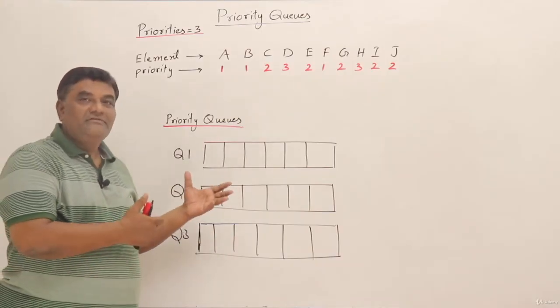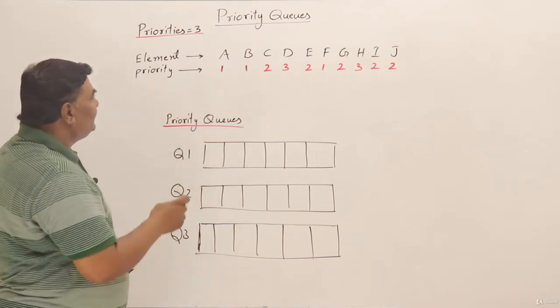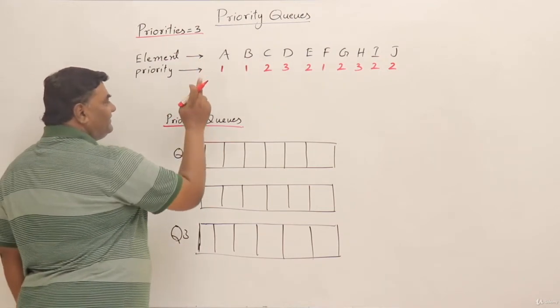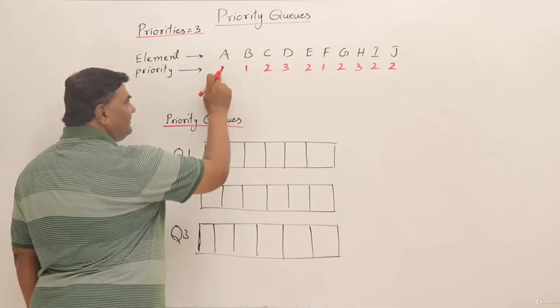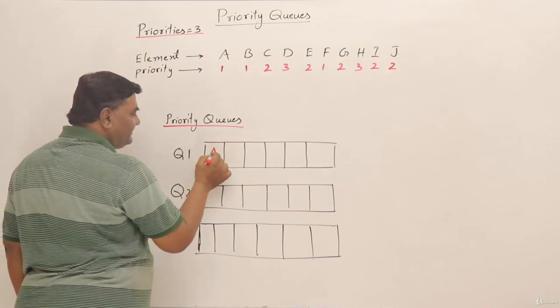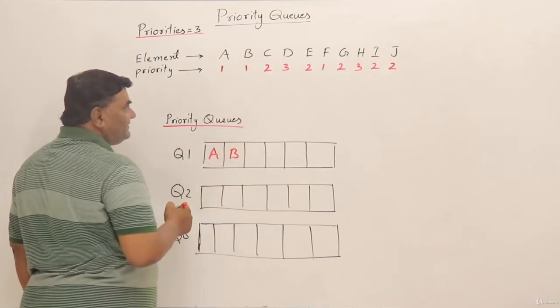Now let us look at the working. We will insert these elements in these priority queues. Every element is inserted in a priority queue depending on its priority. A is having priority 1, so it will be inserted in Q1. Then B is having priority 1, so it will be inserted in Q1.